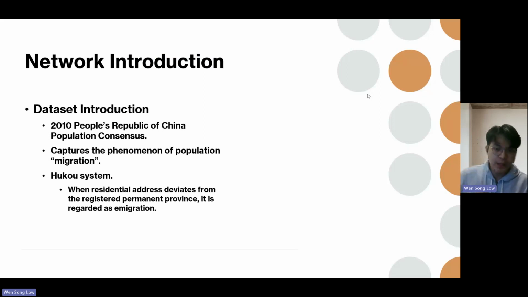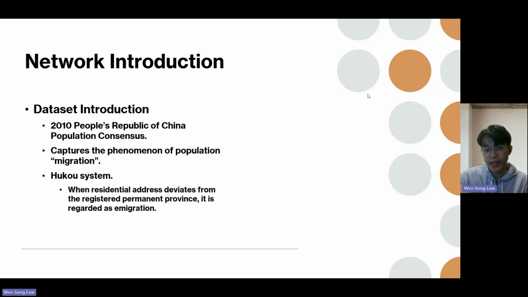The reason why this data set can be useful is because in China there is such a thing called the hukou system. Hukou is basically decided when you're born. Let's say when you are born in one province, you are registered as a permanent resident of that address.